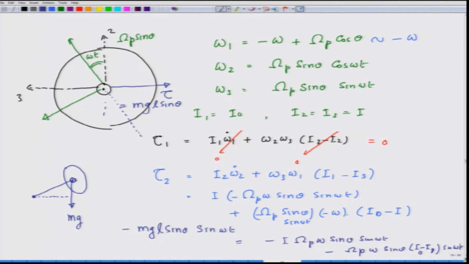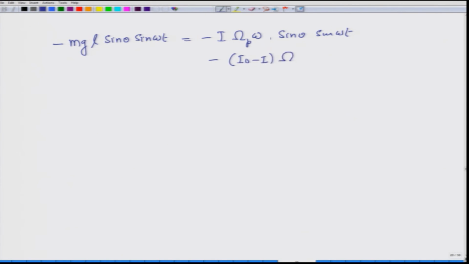Let me write this again. So, I have minus mgL sine theta sine of omega t is equal to minus I omega p omega sine theta sine omega t minus I0 minus I omega p omega sine theta sine of omega t.